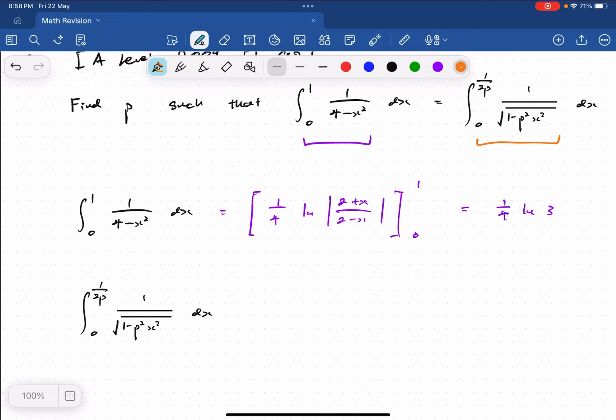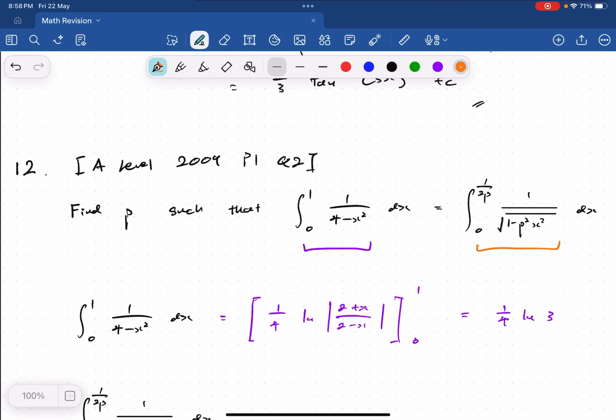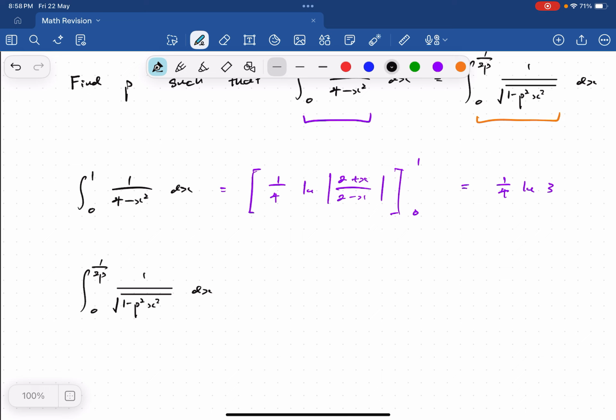And in order to make the coefficient of x squared be 1 or minus 1, I'm going to take out some kind of constant. Okay, so remember, definite integral, the bounds remain unchanged, my numerator is unchanged.